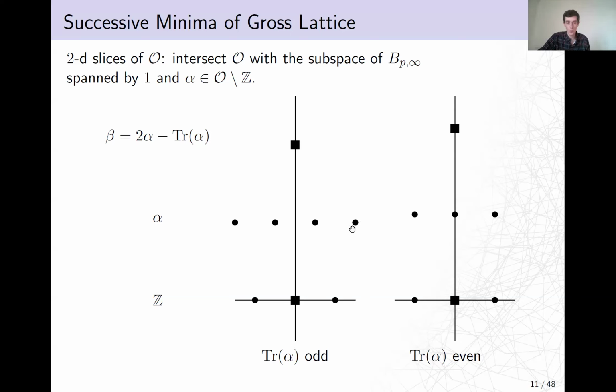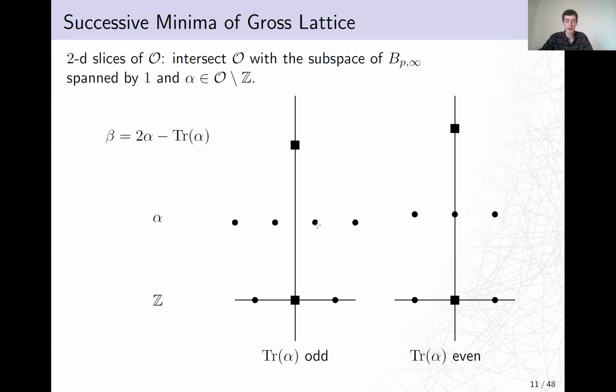Now, what we find is that if we intersect O with this space, we get something that looks a lot like some order in an imaginary quadratic field. And if we take this element α and apply this 2α − trace(α) rule, we get an element β. I've labeled β by a square to say that this is an element of the Gross lattice.